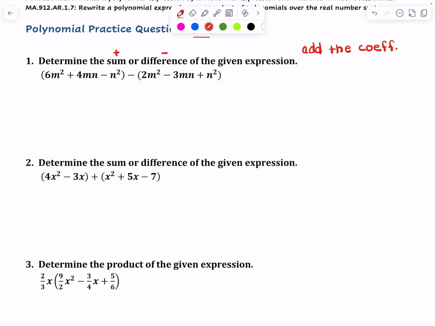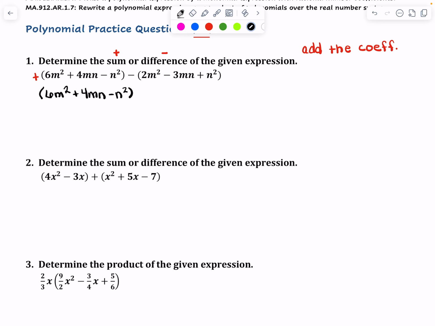All right. So first off, I noticed that this first group is positive. So positive means nothing in that group changes. It stays the same. So I have 6m squared plus 4mn minus n squared. Now the second group has a negative in front of it.